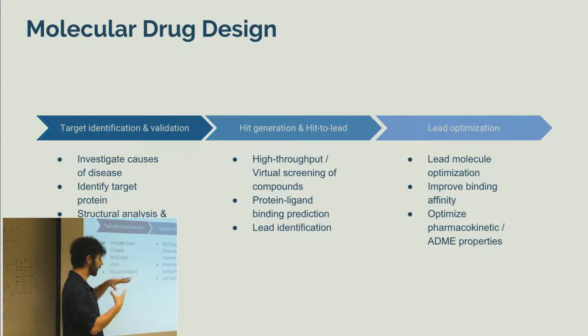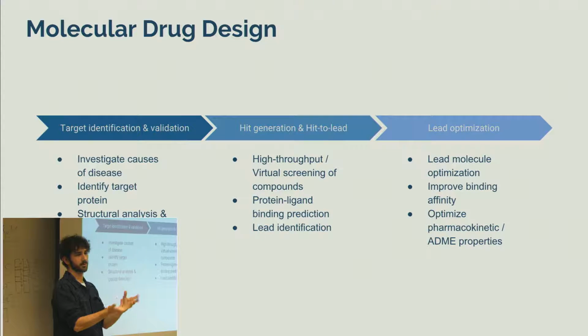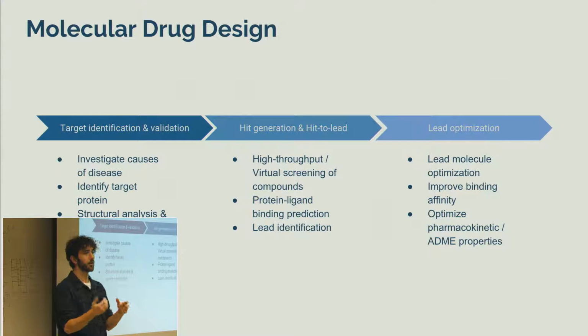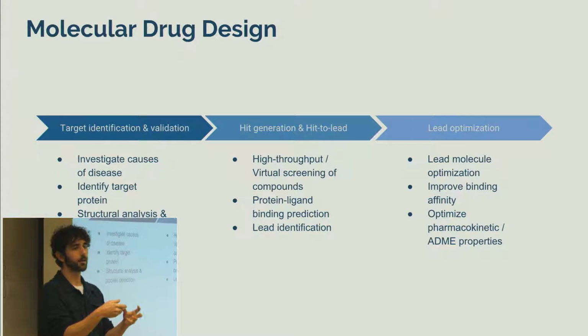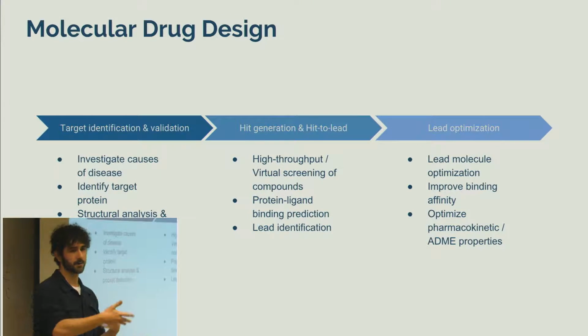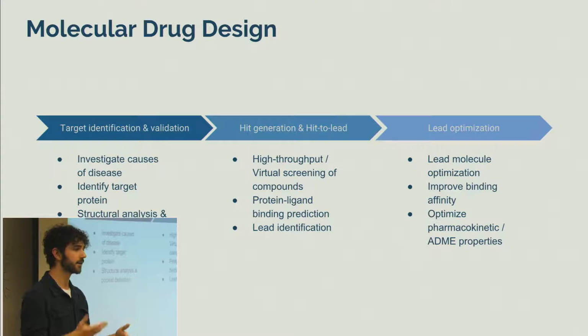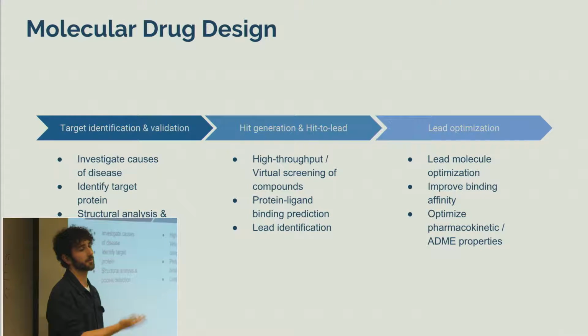And when you have this protein, you make a structural analysis and you try to find pockets. These so-called pockets are where you will try to find a molecule that can bind to this protein and therefore have a meaningful biological effect in order to stop the disease.